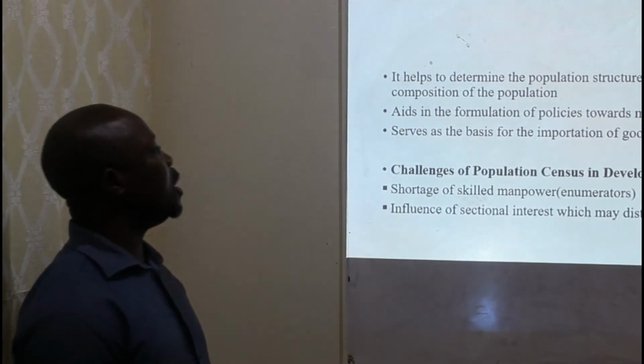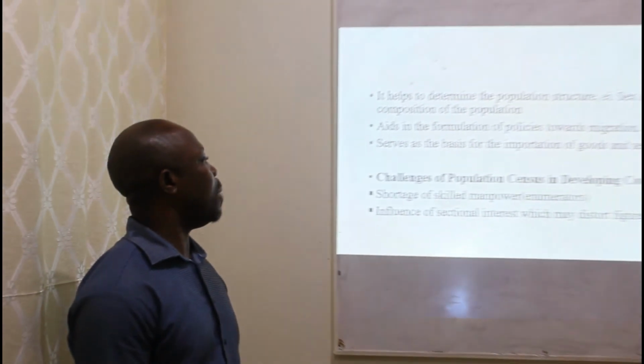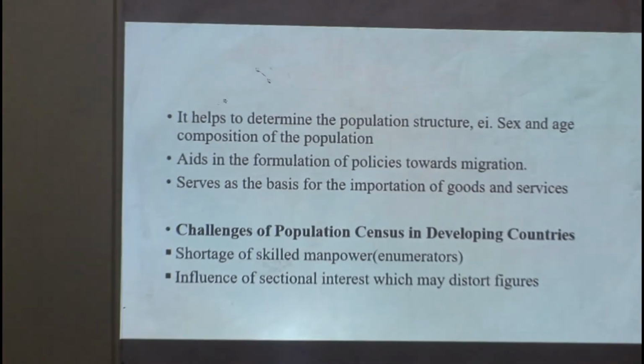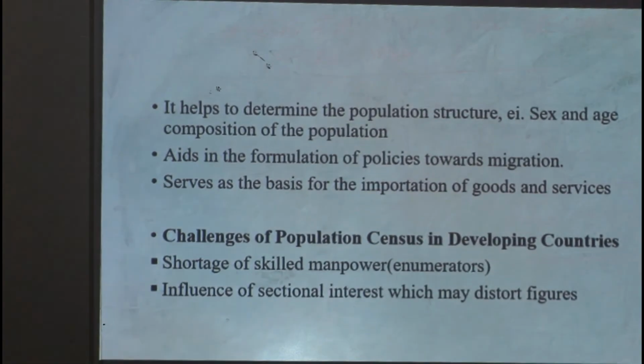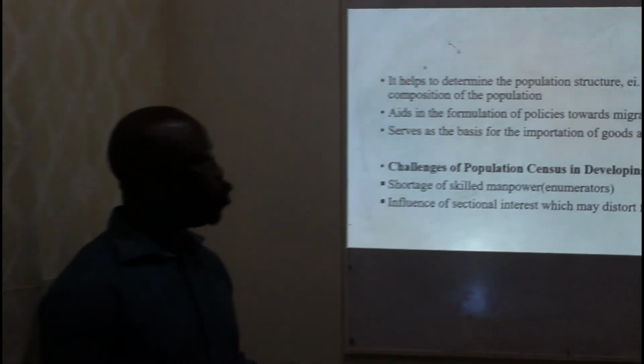Now, the conduct of population census has its own challenges, especially in developing countries. And so we will look at a few of them. They are saying that there is a shortage of skilled manpower, especially in terms of enumerators. We need enumerators to move around communities, homes, to enumerate people.